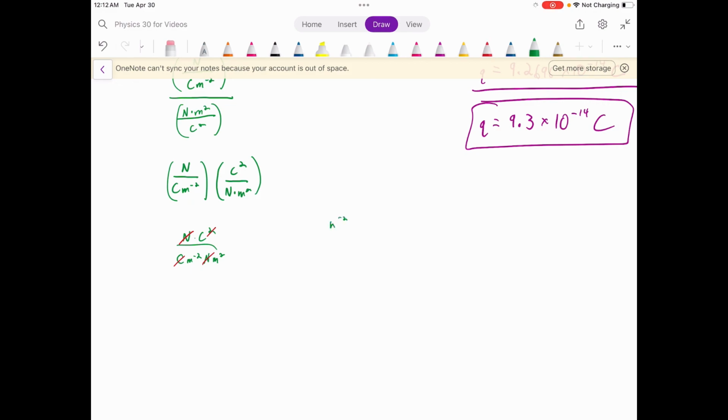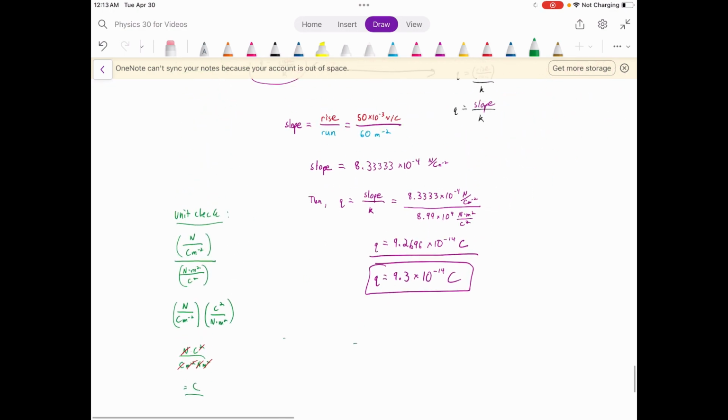Meters to the minus 2 times meters squared, that's the same as meters to the negative 2 plus 2, which is meters to the 0, and anything to the power of 0 is 1. So those actually cancel out as well. So we're just left with units of coulombs. And now we're feeling pretty good, because at least our answer had the right units, right? We must have done something algebraically correct, okay? So I feel pretty good about that.